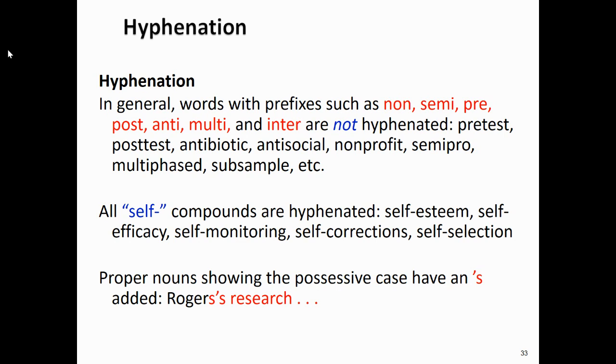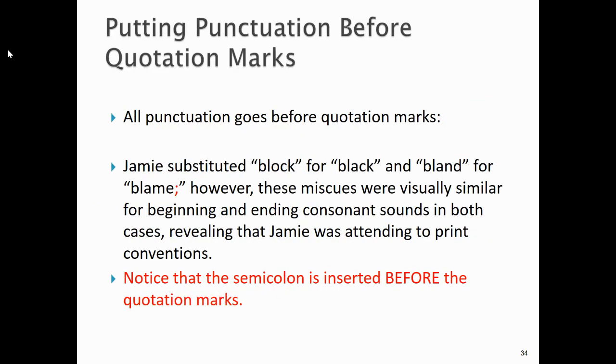Essentially, almost the only word that would require a hyphen is any word connected to self, like self-esteem, self-efficacy, self-monitoring. If you use words like post-assessment, that's one word. Non-essential, one word. These are just things that you want to be aware of.